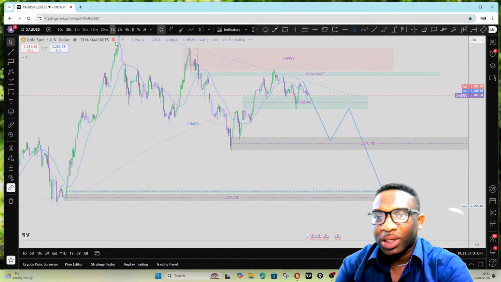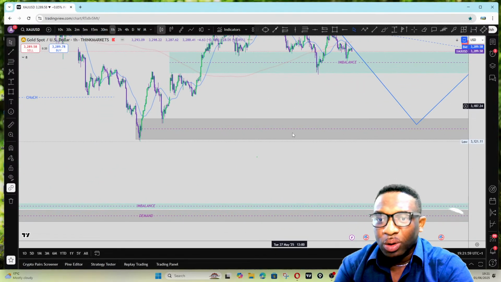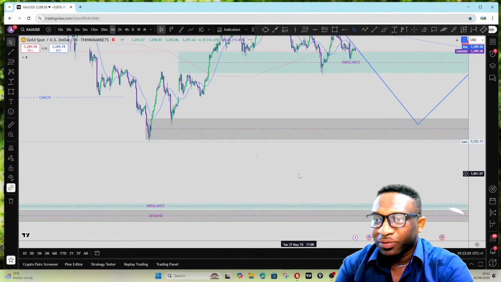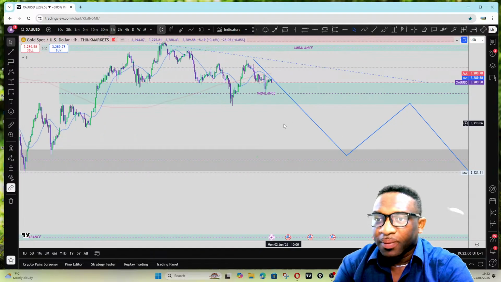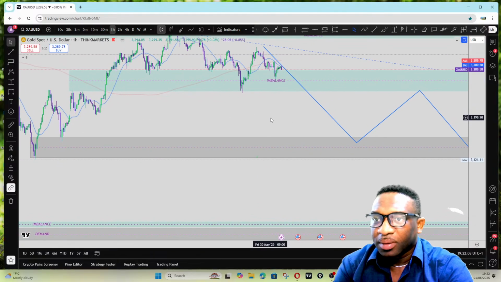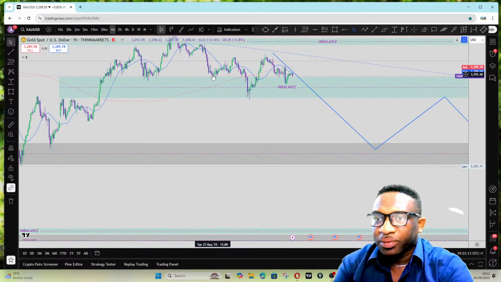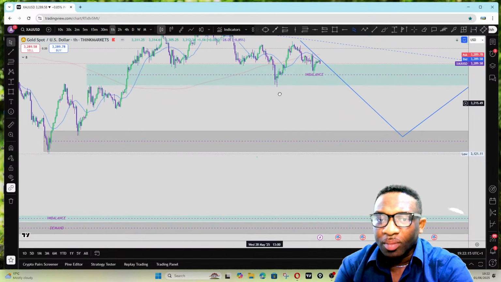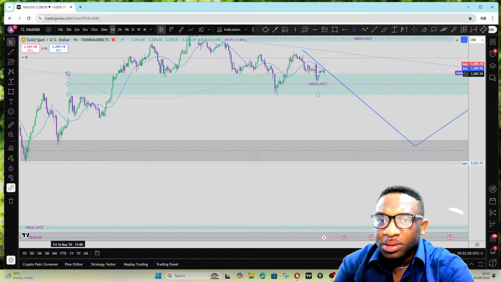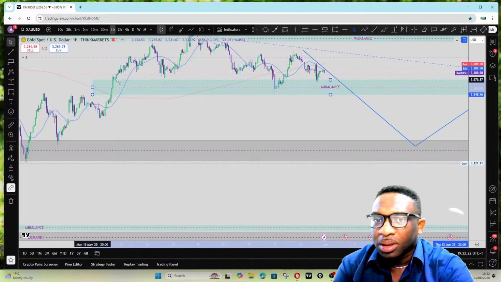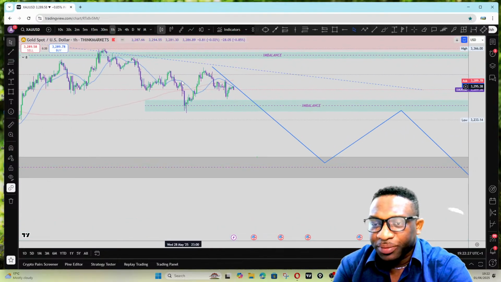So we move down to the 1 hour to further refine what we are seeing on the charts, the areas that we've marked. Over here, we can see, so we're focusing on the recent moves.